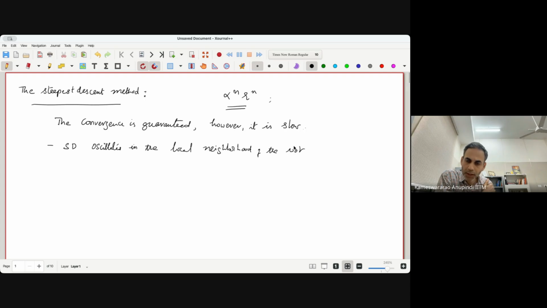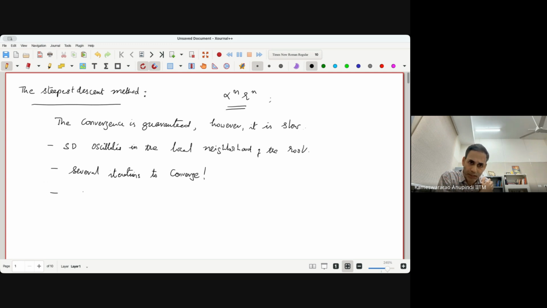Okay, so as we get closer to the root, the steepest descent method actually shows oscillations, and as a result, it will take several iterations to converge. Okay. So this is not a good thing because we want to converge and find a solution as quickly as possible.